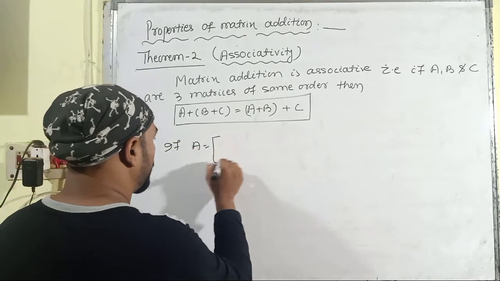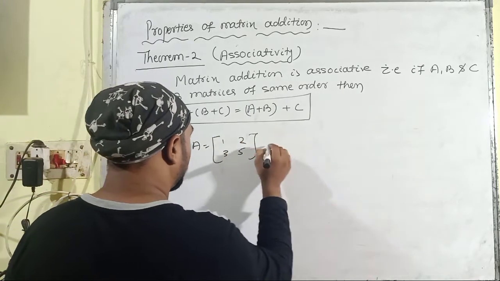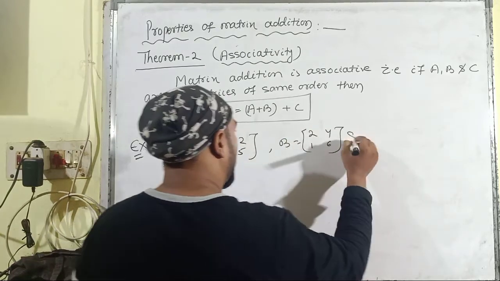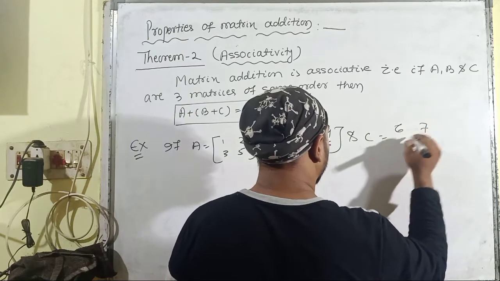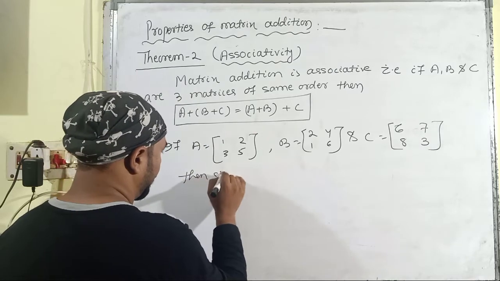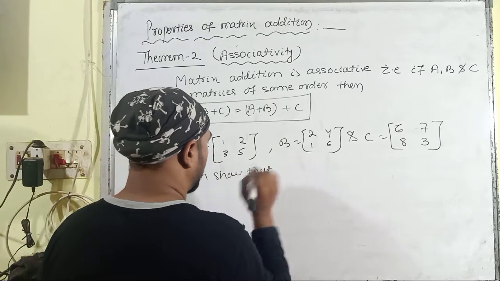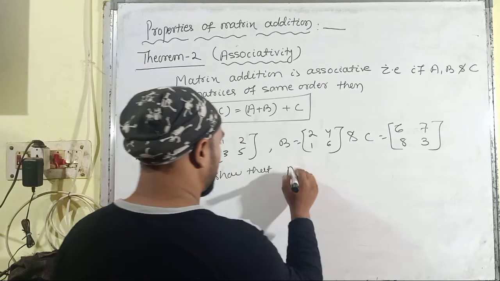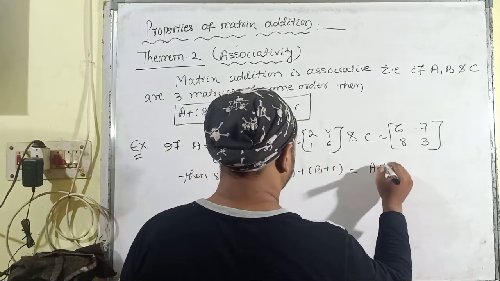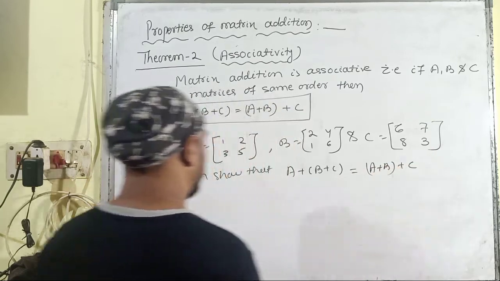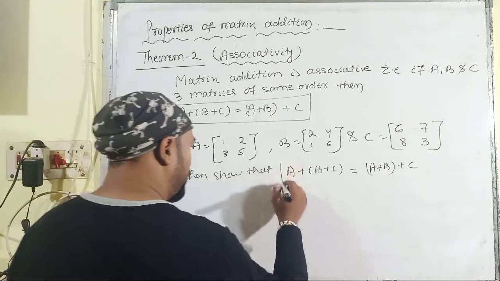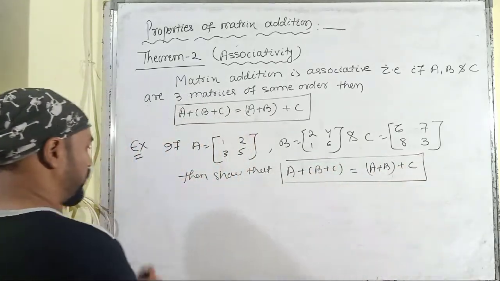If A is equal to [1, 2, 3, 5], B is equal to [2, 4, 1, 6], and C is equal to [6, 7, 8, 3], then show that this property is satisfied here: A plus (B plus C) is equal to (A plus B) plus C. We have to show this left hand side is equal to the right hand side, and this is the task for you.